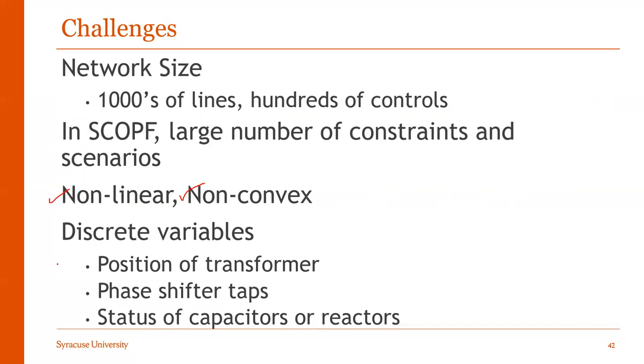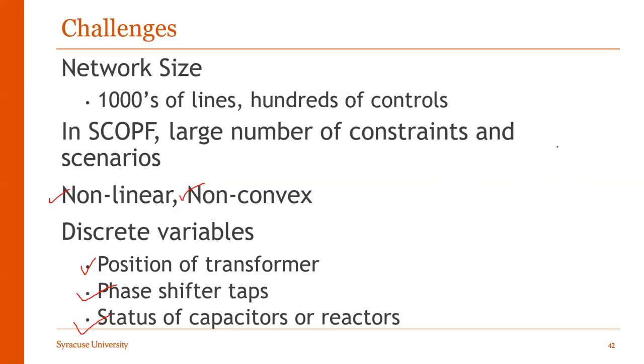Additionally, we also have to consider certain discrete binary variables, such as the position of transformers, phase shifting taps, or the status of capacitors and reactors. So the discrete variables, the non-linearity of the program, and the non-convexity of the problem introduce a lot of challenges while solving SCOPF.